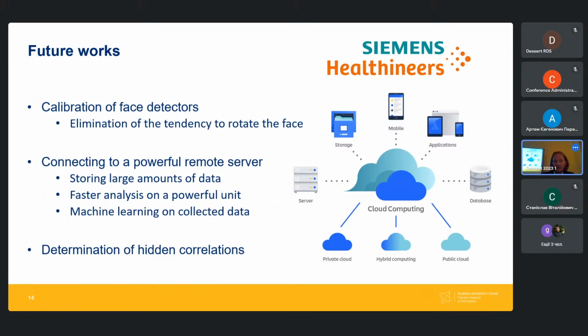And finally, the determination of hidden correlations, which can decide between work on the screen and maybe some point of view, some lighting.